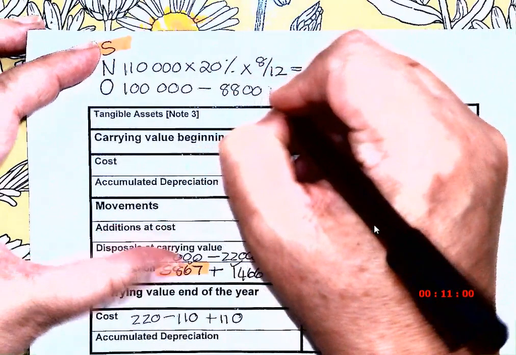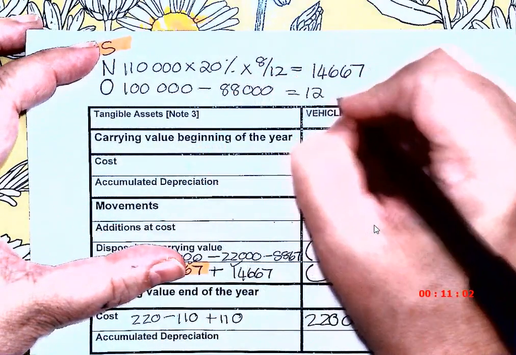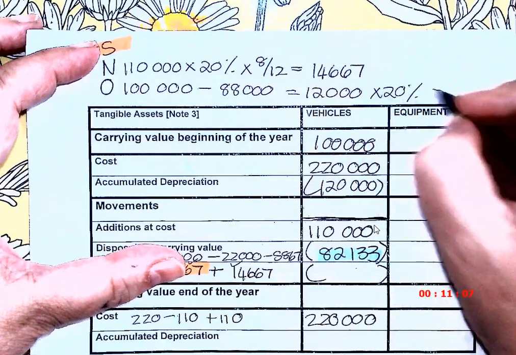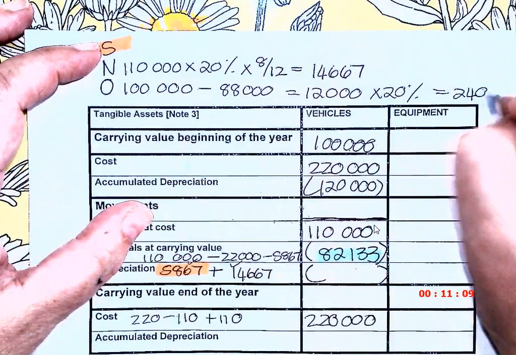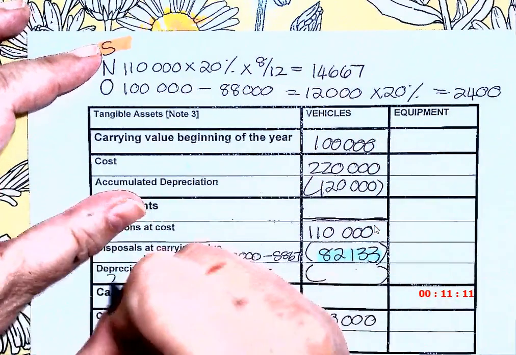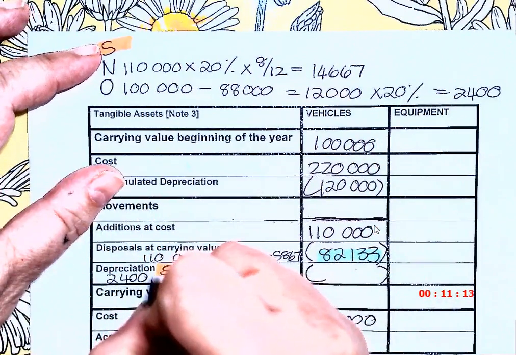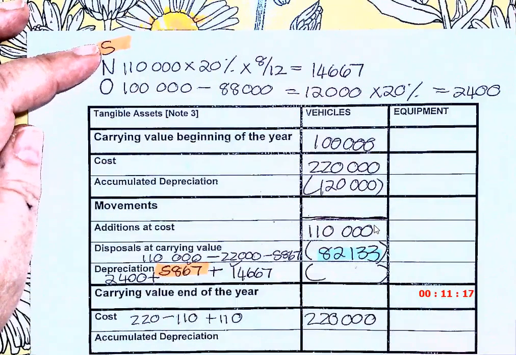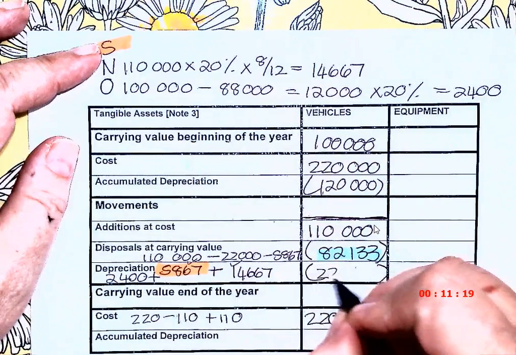I will get 12,000 times 20% gives me 2,004. And I will add the 2,004. And that gives me depreciation of 229.